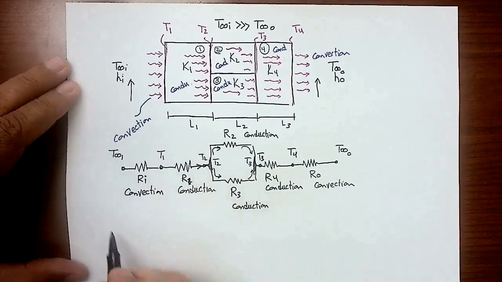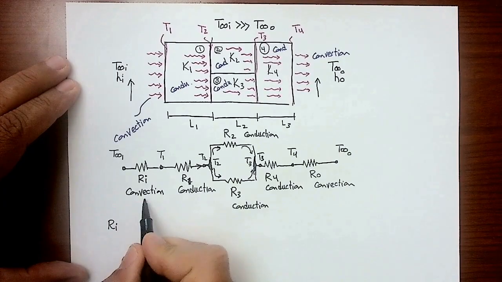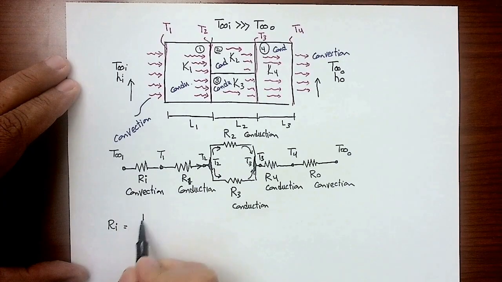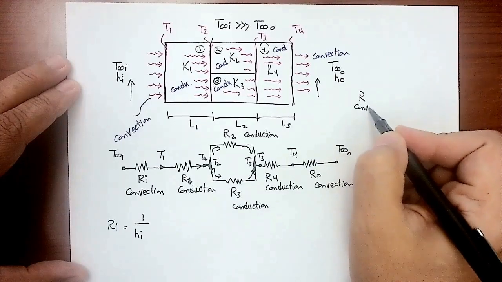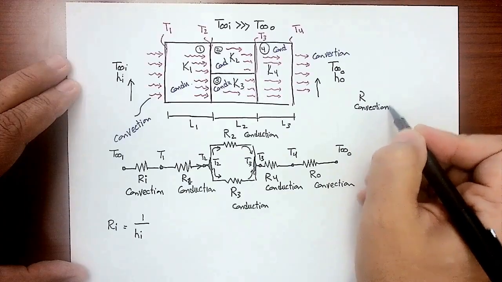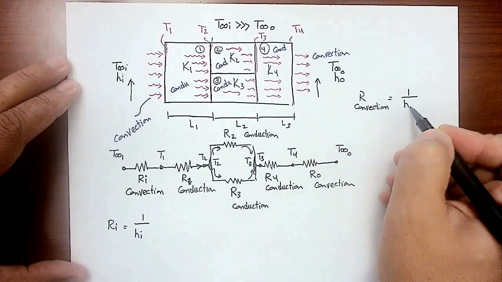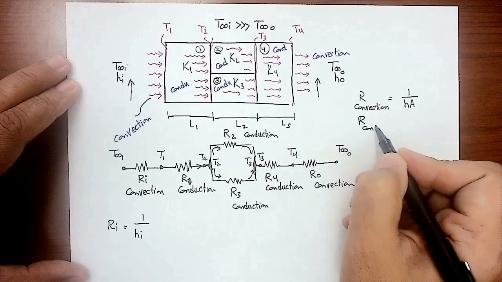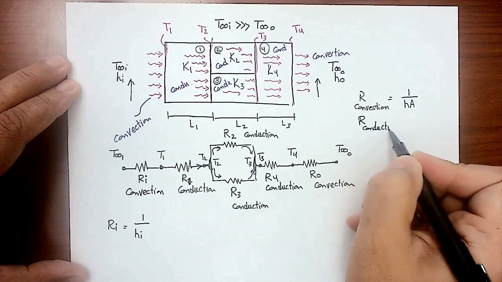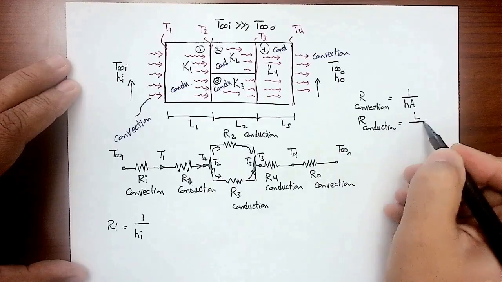Now, how to calculate Ri? Ri is a convection resistance, so that's going to be 1 over Hi times A. Go back and recall R convection. Remember, this is a plane wall, so it's 1 over hA, where A is the surface area, and R conduction is simply L over kA.